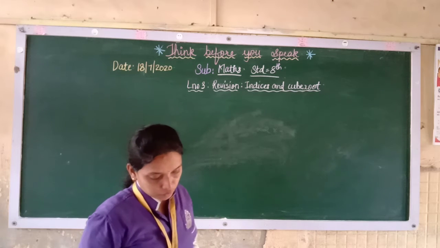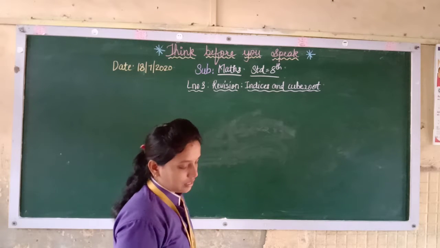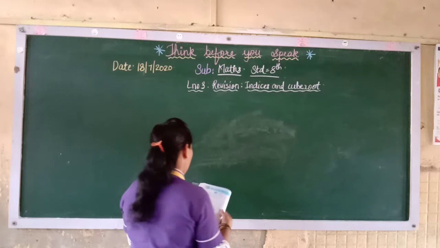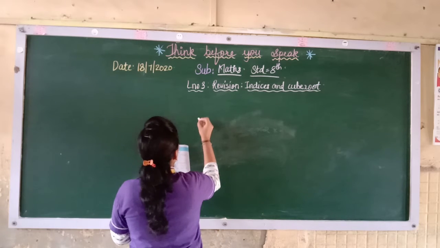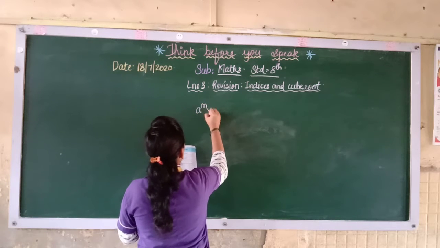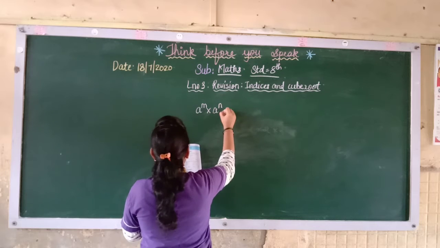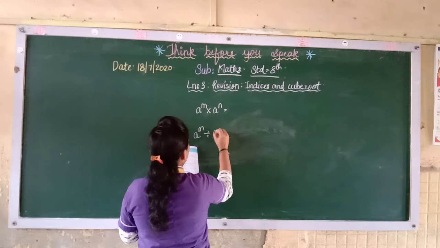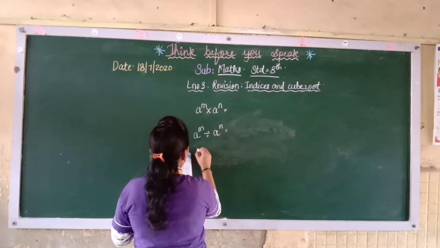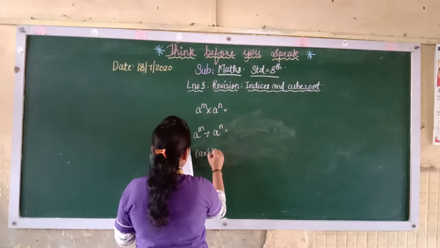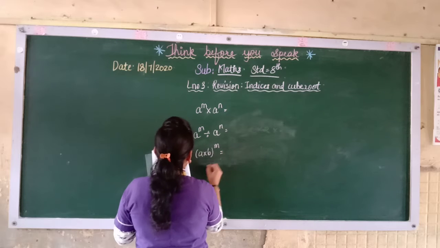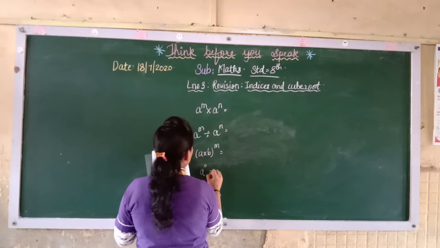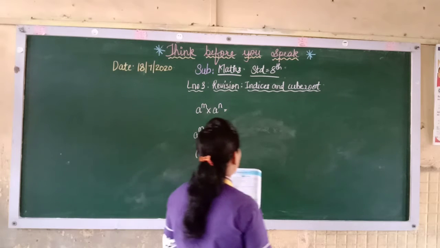Now we'll see some of the laws. For example, see here, a raised to m into a raised to n. Then we have a raised to m divided by a raised to n. Then it is a into b raised to n. Then it is a raised to 0 is equal to 1.